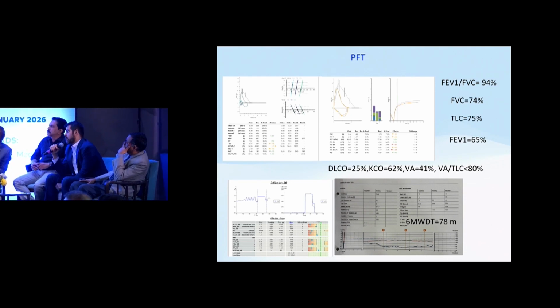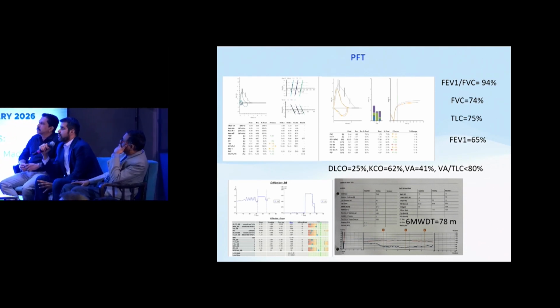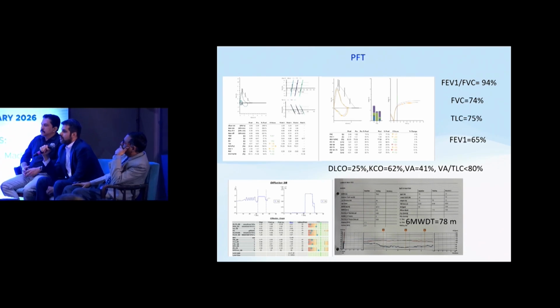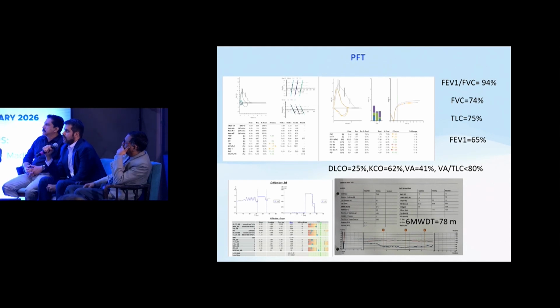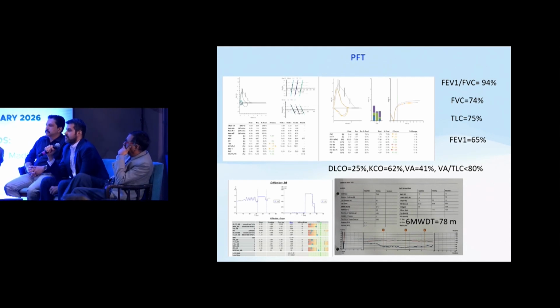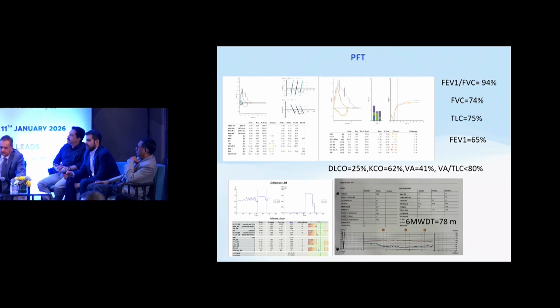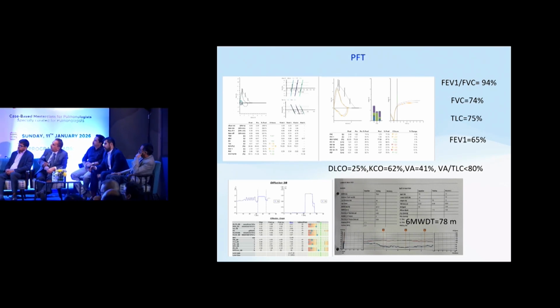So there is some evidence that he is not typically COPD yet. However, given the drop in diffusion, we need to look at a CT scan to understand if there's anything else going on in the pulmonary vasculature, as well as look at the structure.